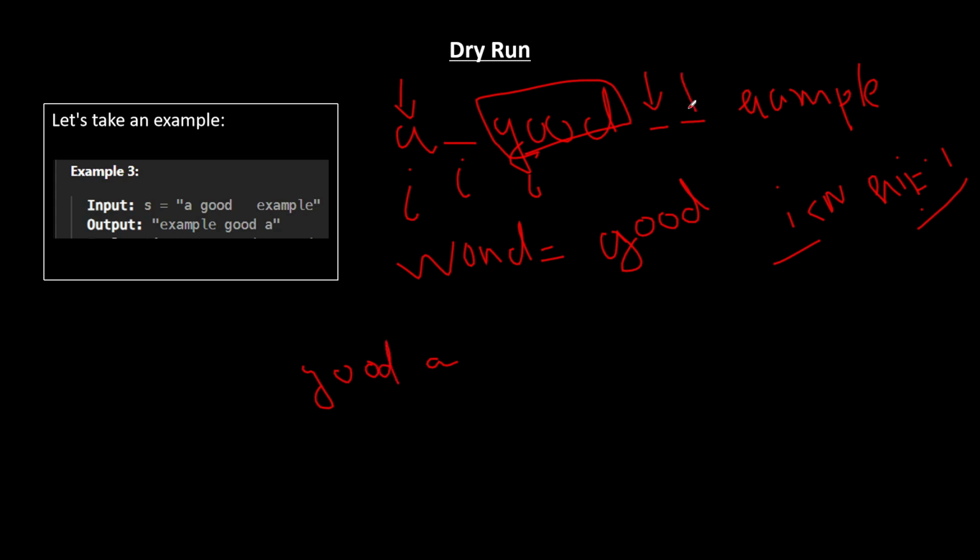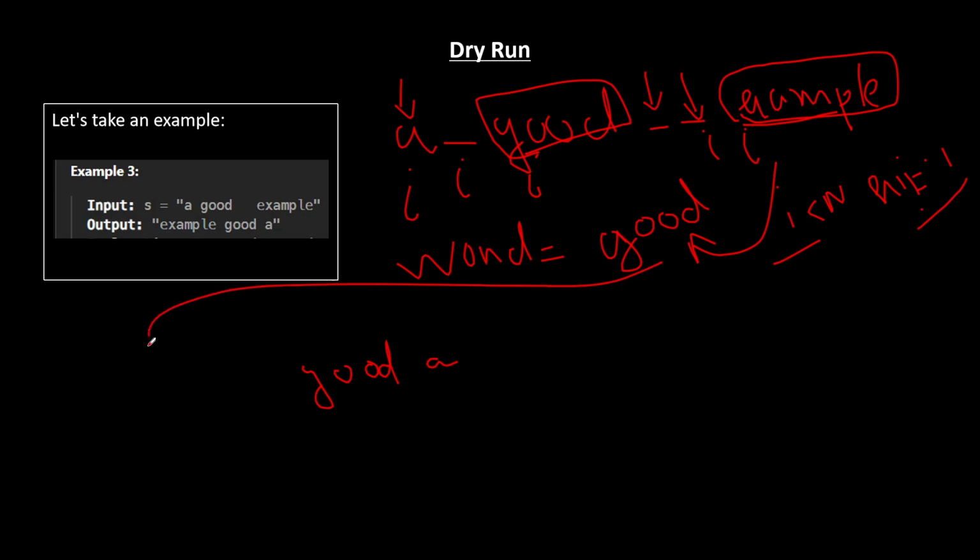Okay. Again, it will come here. Since it's a space, it will increment the I value. Again, we will come here. Okay, now we have encountered another word. So we will iterate this word, store it here, and we will push it to our queue from the front side. Example, right?